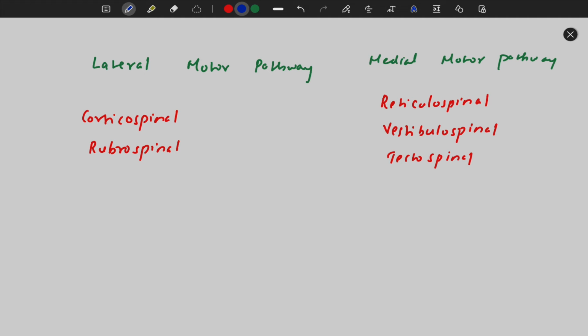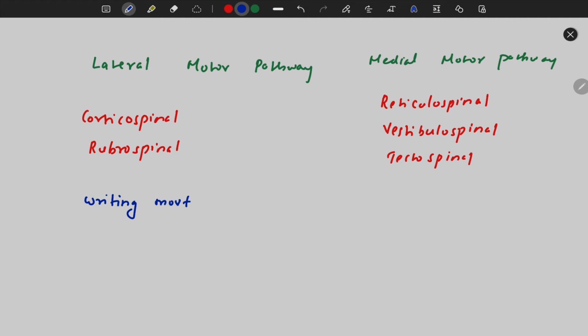The corticospinal tract as well as the rubrospinal tract are included in the lateral motor pathway. We have the reticulospinal, vestibulospinal as well as the tectospinal in the medial motor pathway. The lateral motor pathway is involved in fine motor movements such as our writing movements.